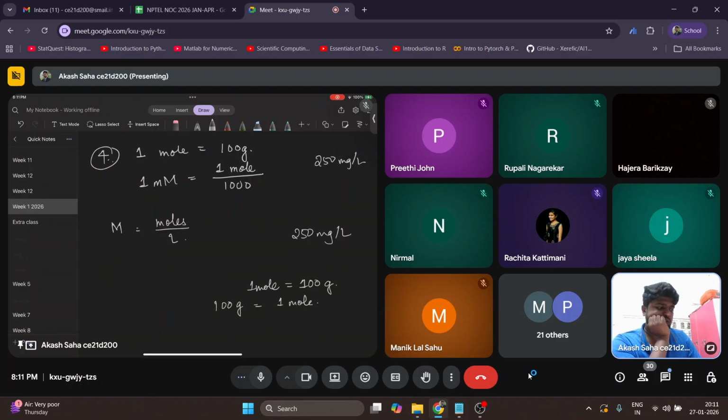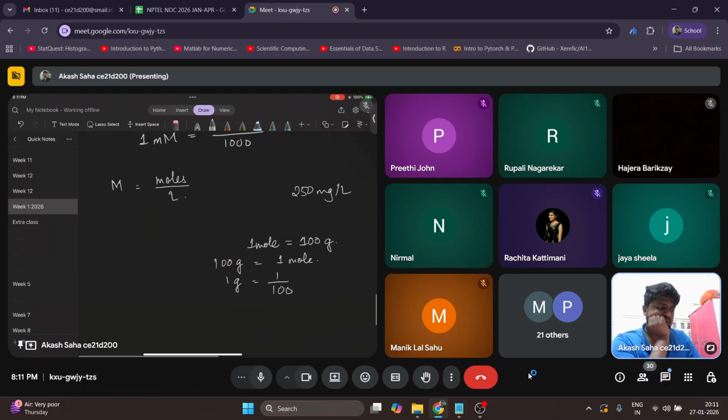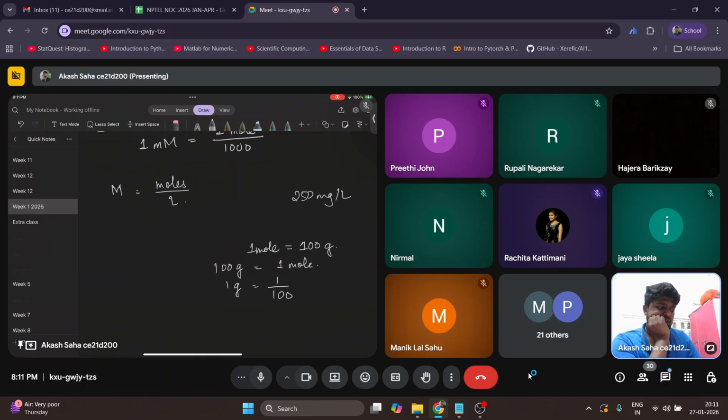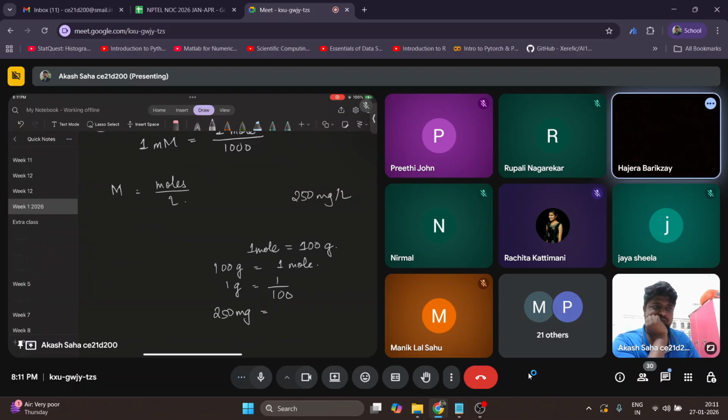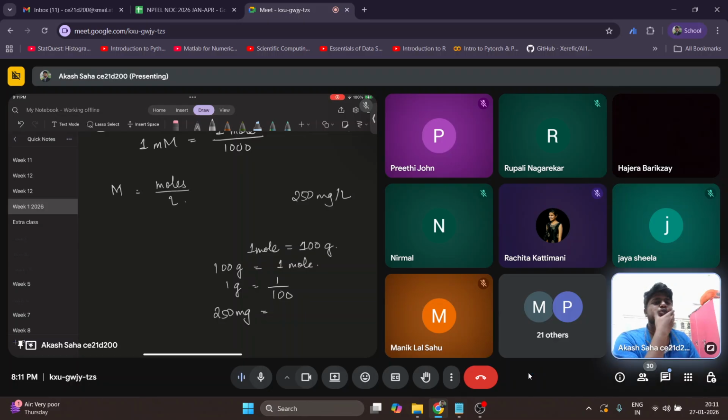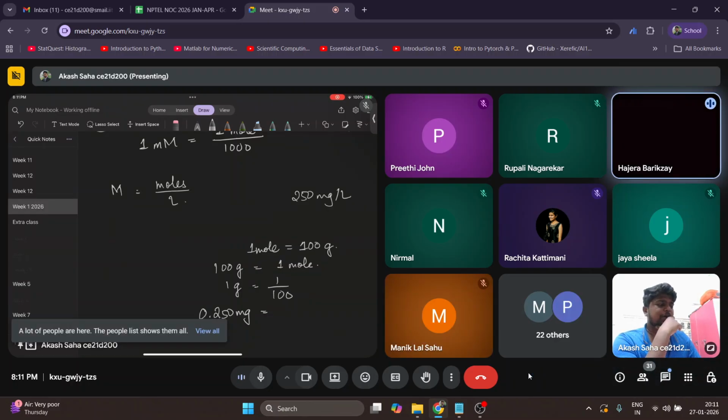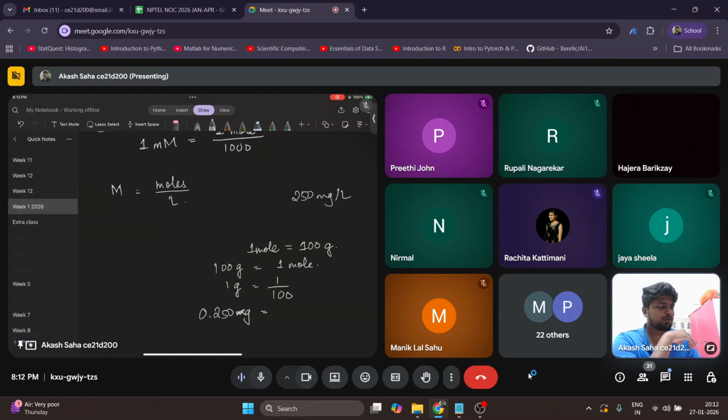So 1 gram is equal to 1 by 100. Here we have 250 milligram, which is 0.25 grams.